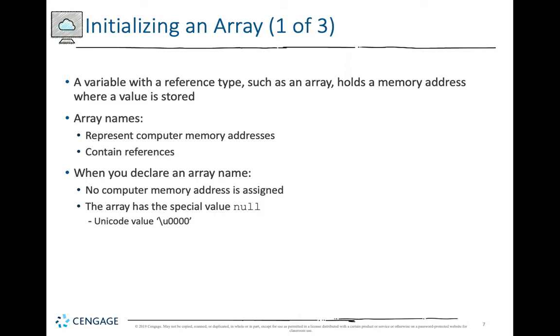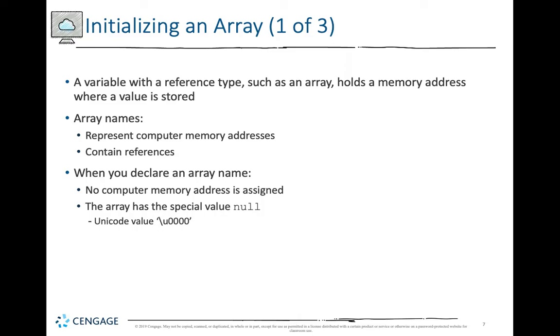So a variable with a reference type such as an array holds a memory address where that value is stored. Always think about your RAM that you've spent hundreds of dollars for and you've put inside your PC. Somewhere on that piece of RAM is where your memory location is stored, right? And the same thing with an array.